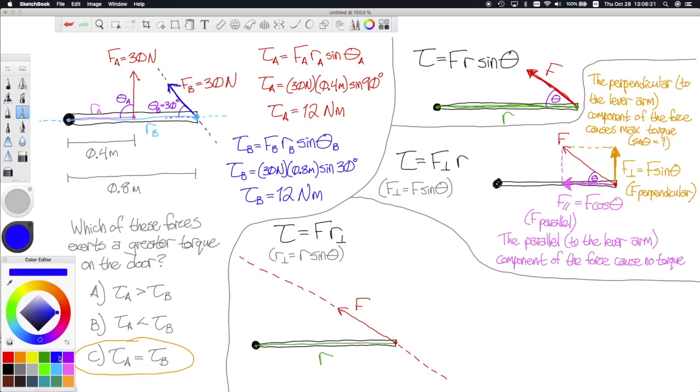And in this case, the perpendicular lever arm is just this side of our triangle right here, where this angle right here would be 90 degrees, and this angle here would be theta. So you can see with that right triangle that R times the sine of theta would give you the perpendicular lever arm. The perpendicular lever arm is just the closest the line of action of the force gets to the axis of rotation.